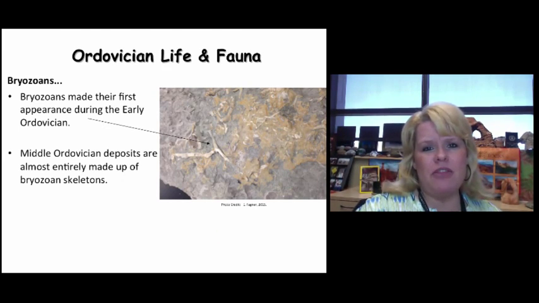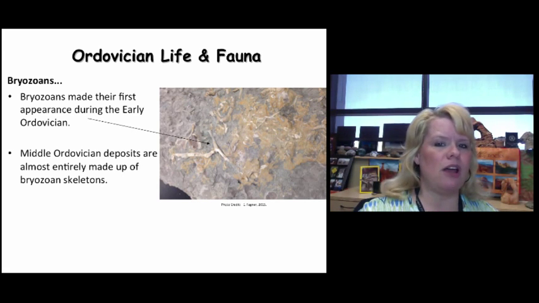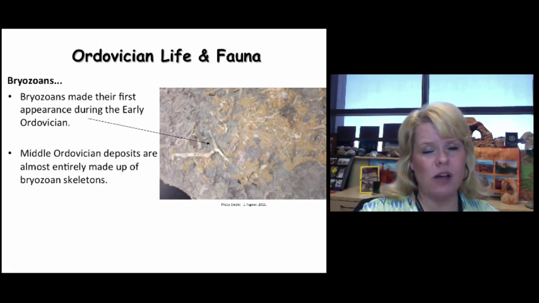So let's look at some of the Ordovician life and fauna. I mentioned earlier that bryozoans were one of the very important organisms of the Ordovician. If you look at your textbook in the table that talks about the invertebrate paleontology in terms of when did things first appear, you will notice bryozoans, or phylum Bryozoa, does not start until the Ordovician.